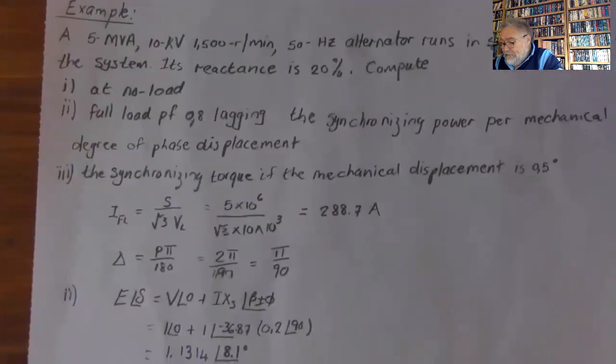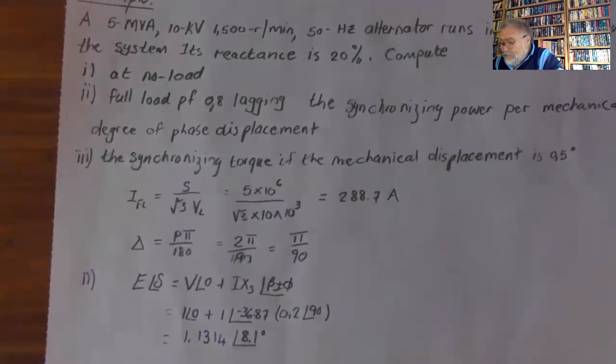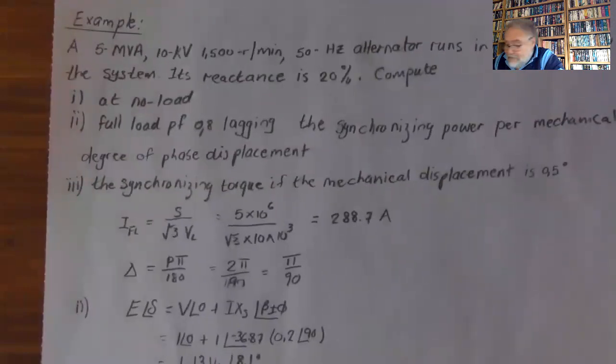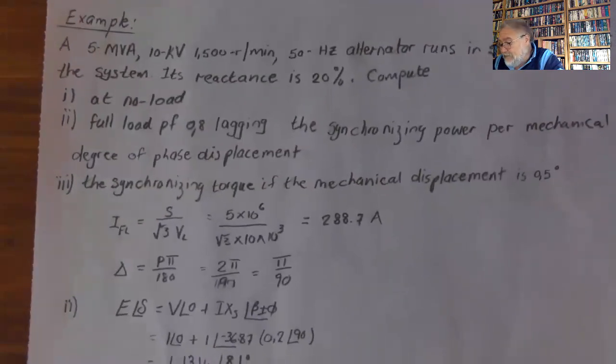The next example is a 5 MVA 10 kilovolt 1500 revs per minute 50 Hz alternator that runs in synchronism with the system. Its reactance is 20%. Compute at no load and then at full load, power factor lagging, the synchronizing power per mechanical degree of phase displacement.